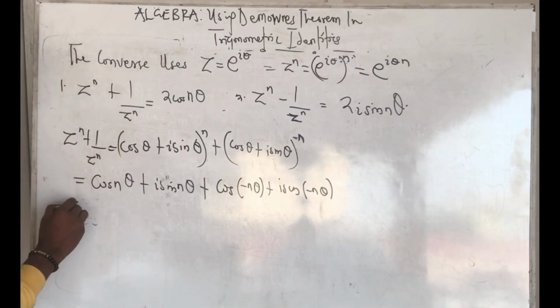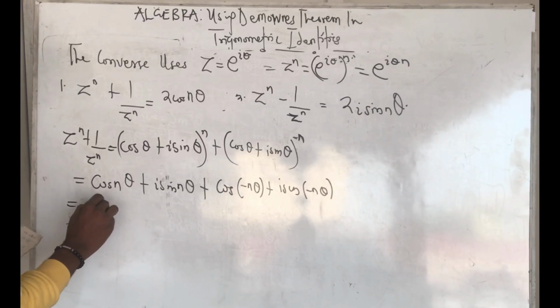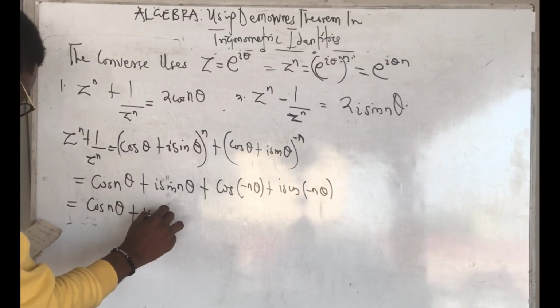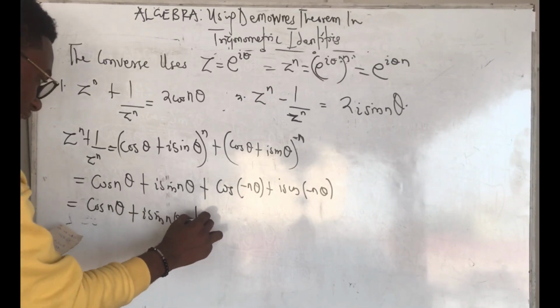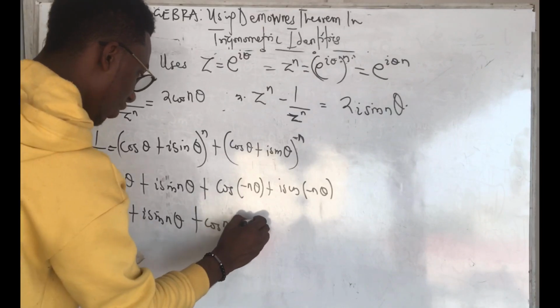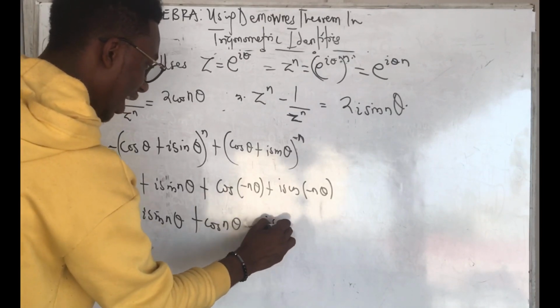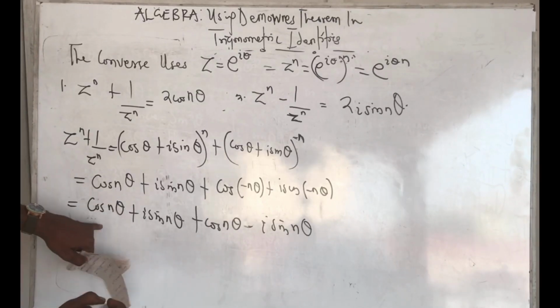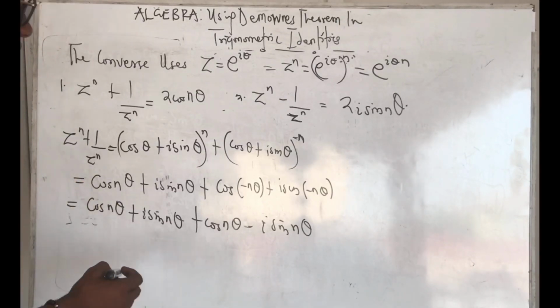So finally, you'll be getting cos of n theta plus i sine of n theta plus cos n theta minus i sine of n theta.